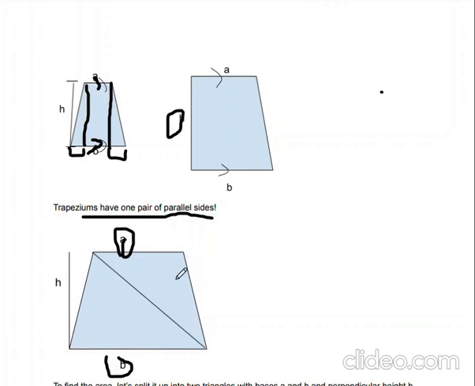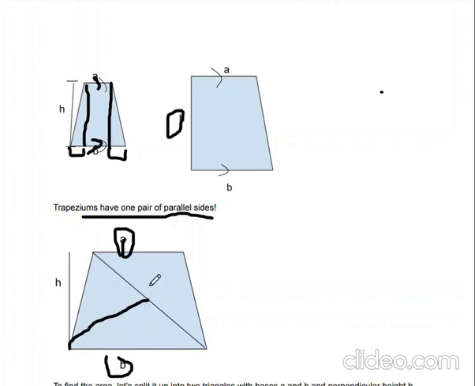That's the height in the formula half base times height. You're looking at the base and then the perpendicular height from the base you're looking at. So if I knew the height from here to here, I could use that as my base. But unfortunately in this case, we don't know that.